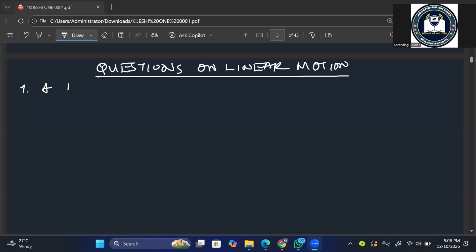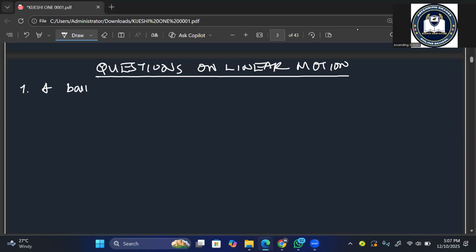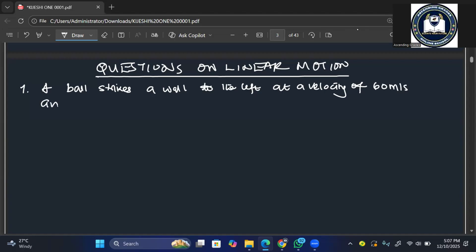So now you can go ahead. A ball strikes a wall, the left, at a velocity of 60 meters per second, and rebounds at the same velocity.